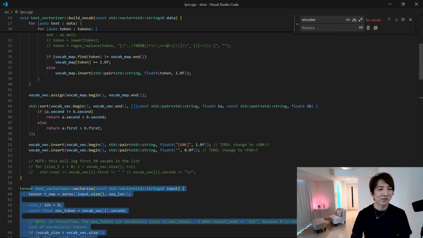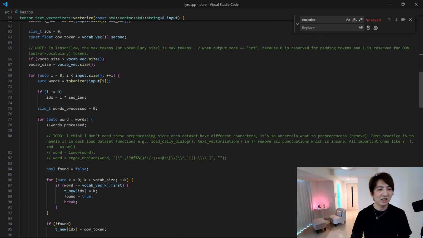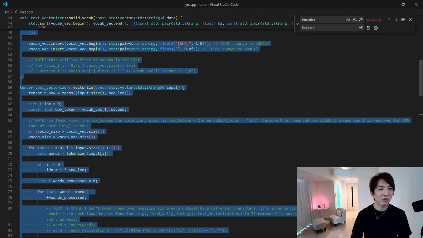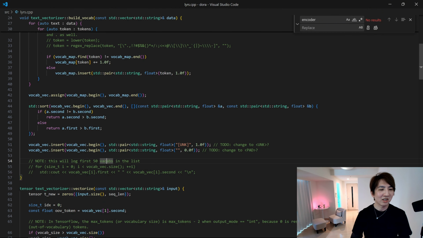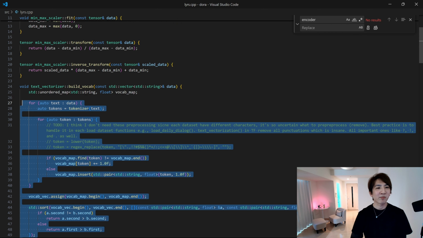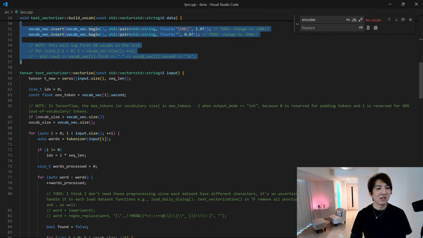Before, all this code was in one function, but now I separated it into two functions, where one of them makes the vocabulary and the other one uses that vocabulary to make unique vectors.